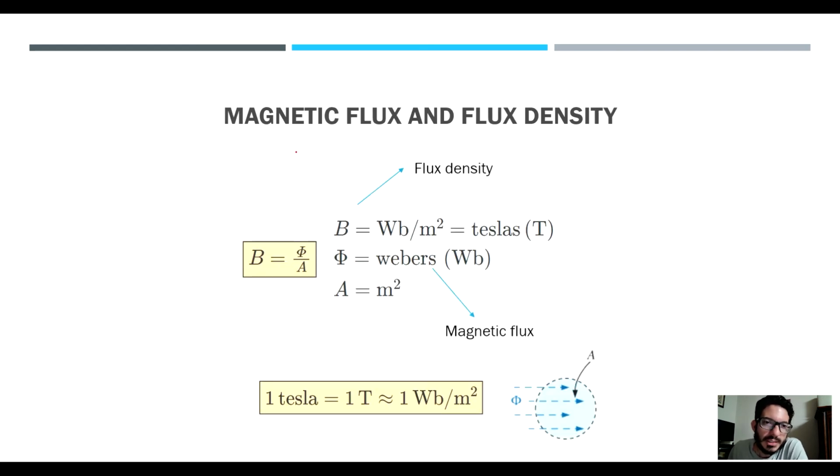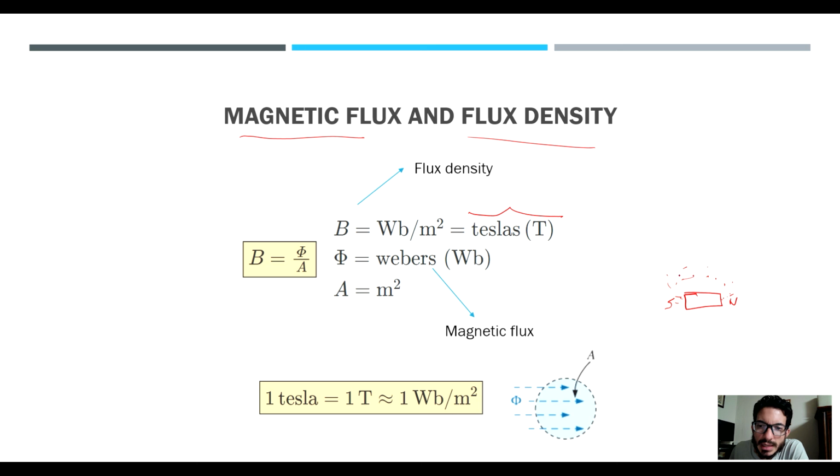So we come to the concept of magnetic flux and flux density. First of all, the flux density has units of Tesla, and the magnetic flux has units of Weber. The flux density is the magnetic flux through an area. So remember, when you have a magnetic material, let's say this is the north part, this is the south part, and the field flows like this.